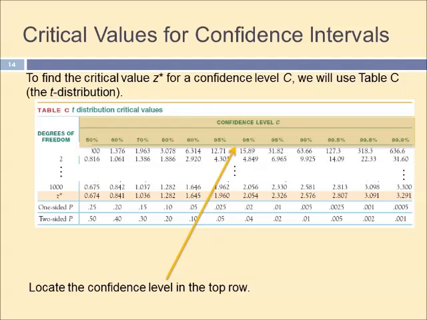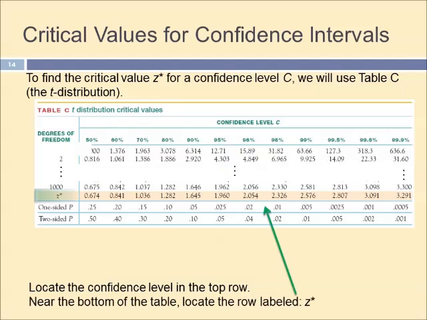So we locate the confidence level we're interested in, and then near the bottom of the table, in the row labeled z star, we locate the critical values of z that we'll use for calculation purposes.